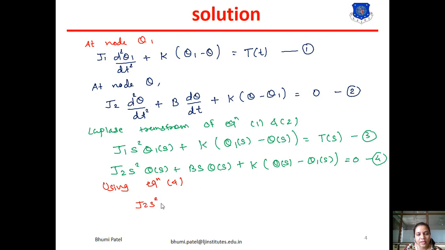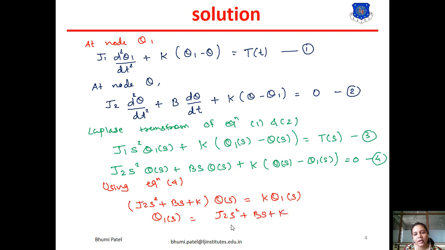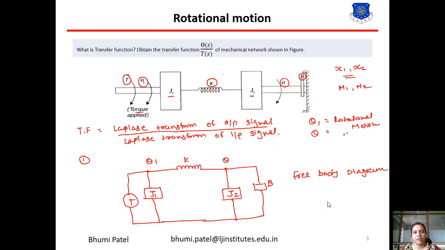(J2 s square plus bs plus K) theta(s) is equal to K theta 1(s). So theta 1(s) is equal to (J2 s square plus bs plus K) upon K. Now put the value of theta 1(s) into equation number 3.